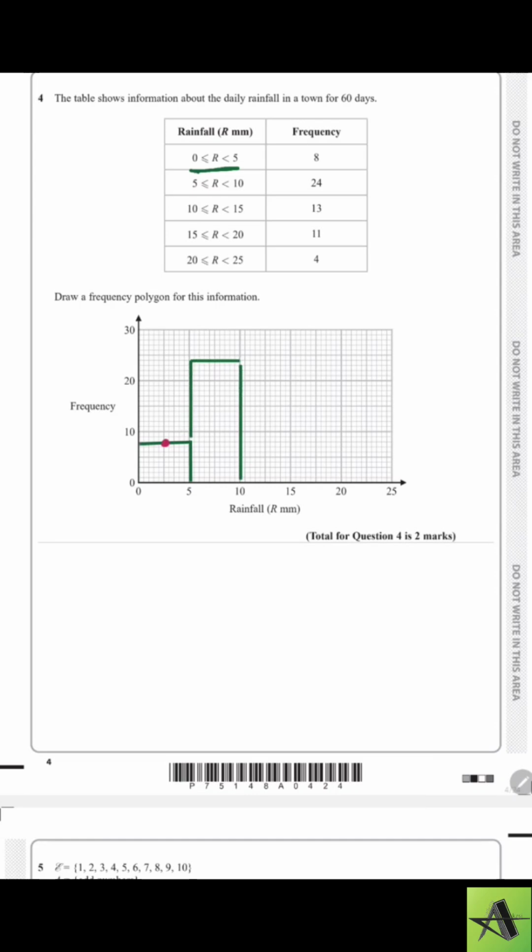Similarly, from 10 to 15, it's 13. So it's going to be like this. Then from 15 to 20, it's 11. So 11 like this. And from 20 to 25 it's 4.